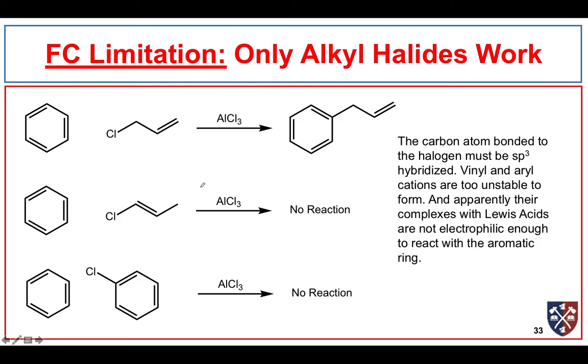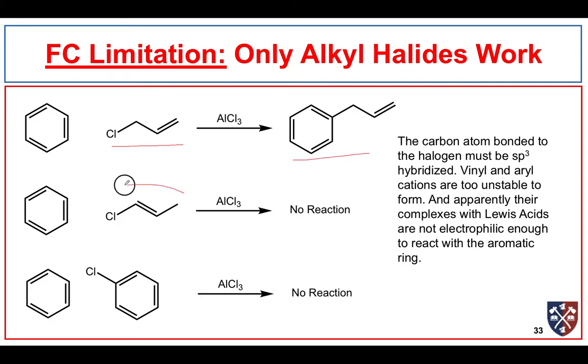Another limitation for the Friedel-Crafts alkylation is it only works for alkyl halides. That is, the carbon atom bonded to the halogen must be sp3. So something like allyl chloride, we can do a Friedel-Crafts alkylation and form our allylbenzene.